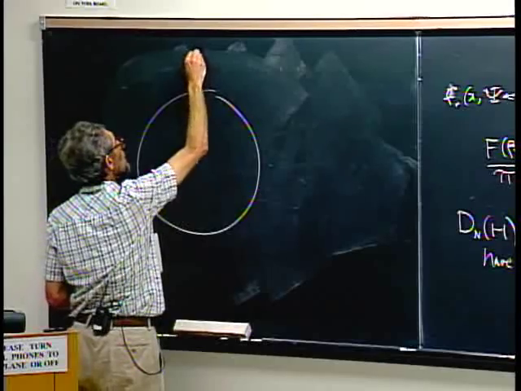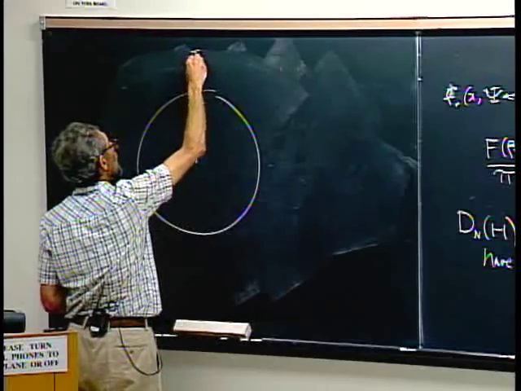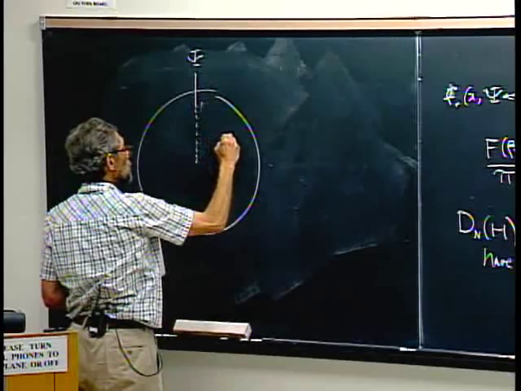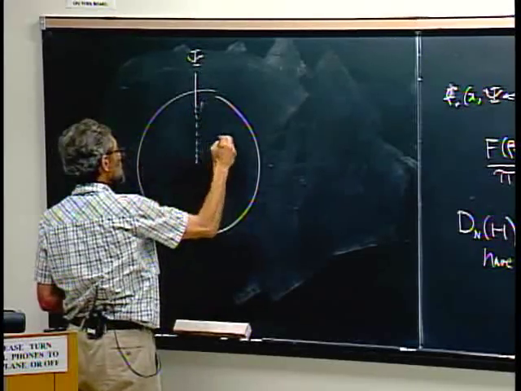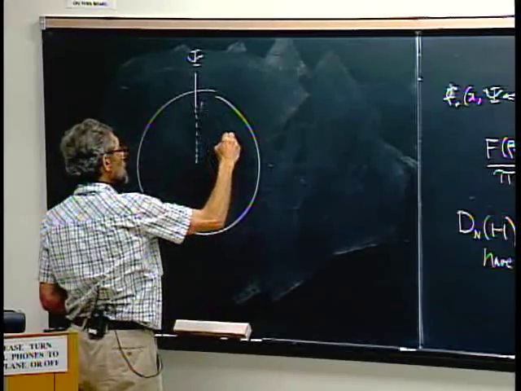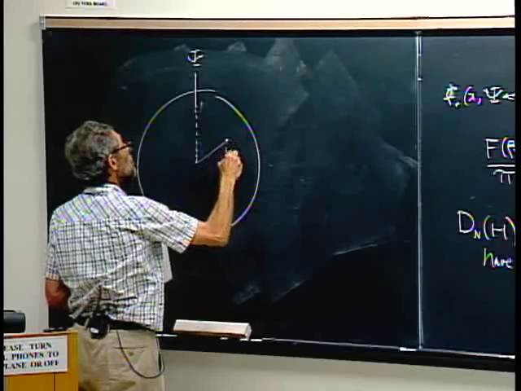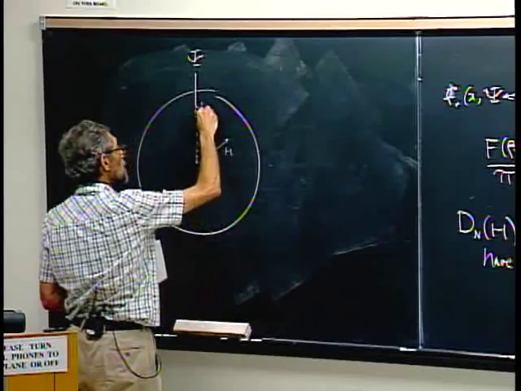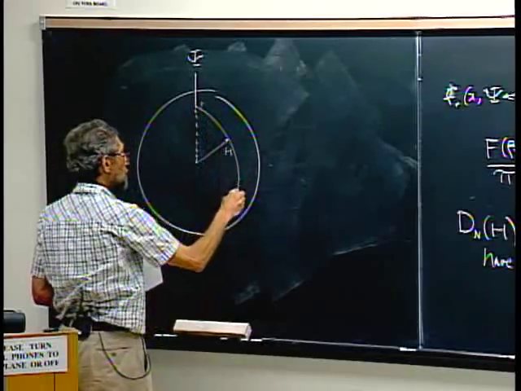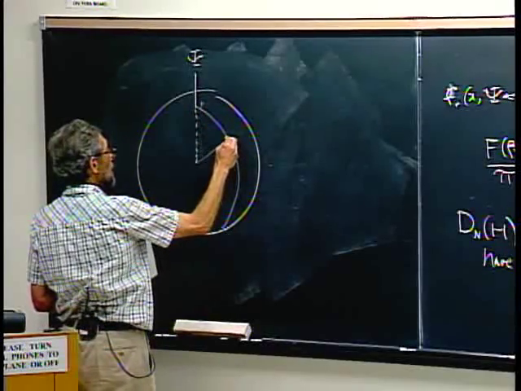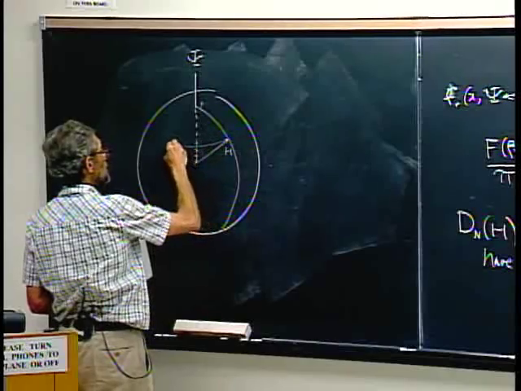So this is the incoming direction psi. And then somewhere on this sphere, maybe I don't need the equator. Is direction h. And I have a longitude line for h, and I guess I have a latitude circle for h.